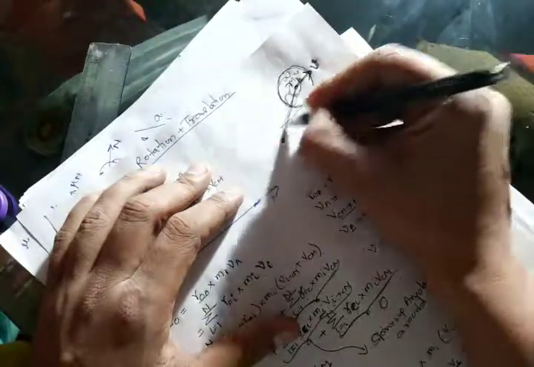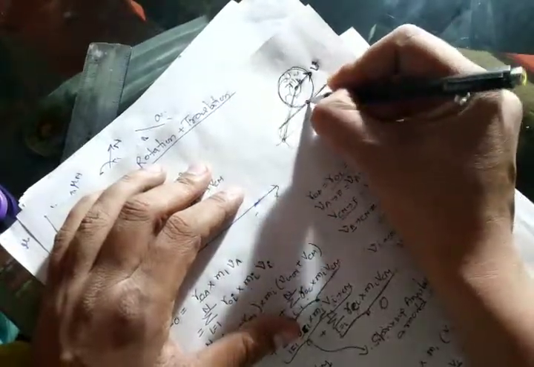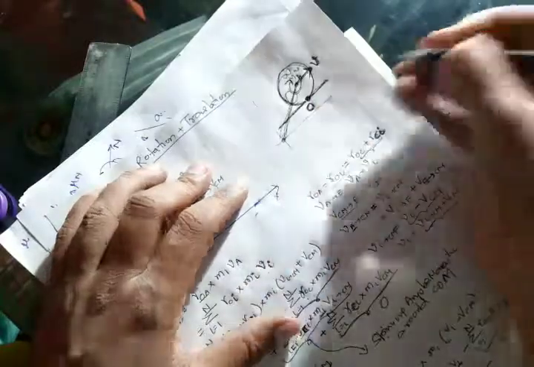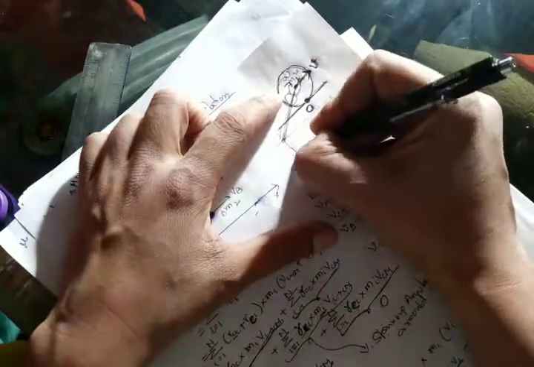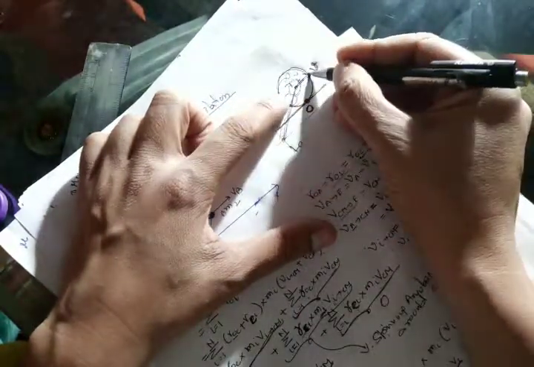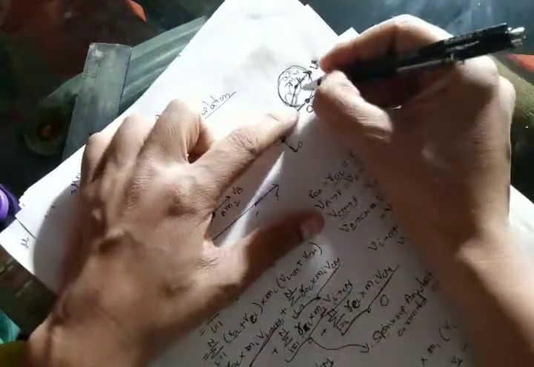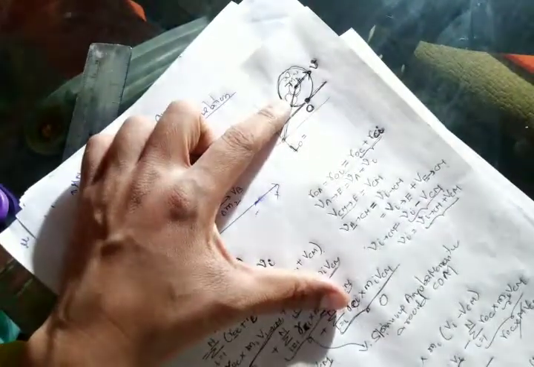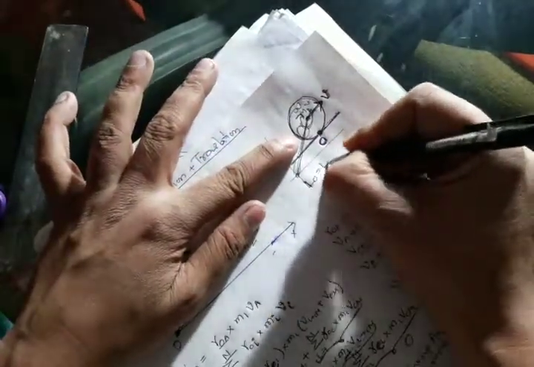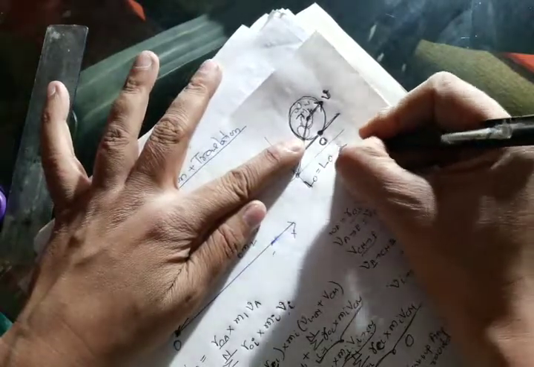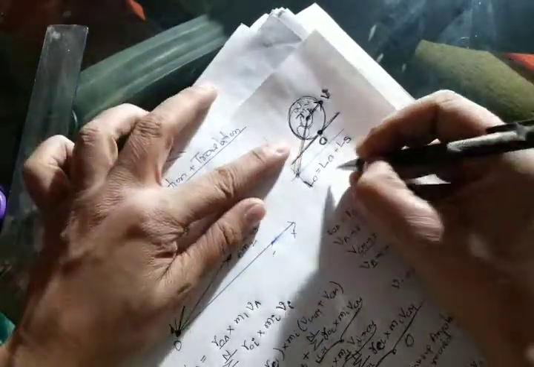This is the ground, and I want to find the angular momentum around O. Because translation and rotation are both happening, L around this O will be the orbital angular momentum plus the spinning angular momentum.